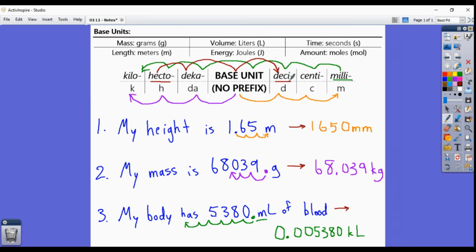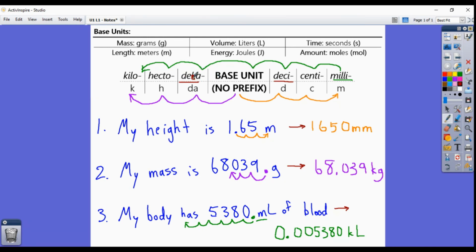So look at where you start on the chart and then always move to what you're trying to convert into. Now also be aware, deca and deci are very similar, so be careful with this. Deci, the smaller one, is just a D, and deca, the bigger unit, is DA. A lot of times you also see this as DECA instead of DEKA.